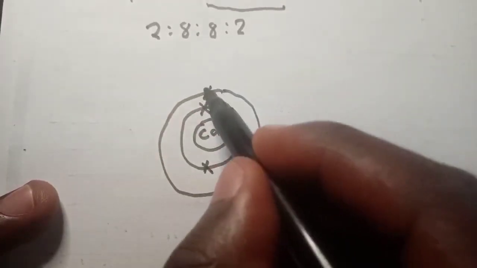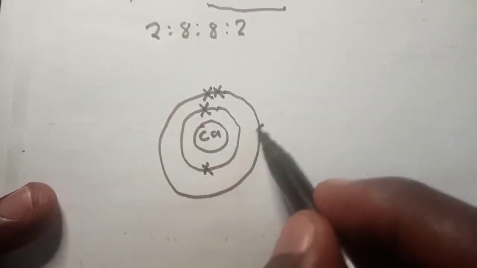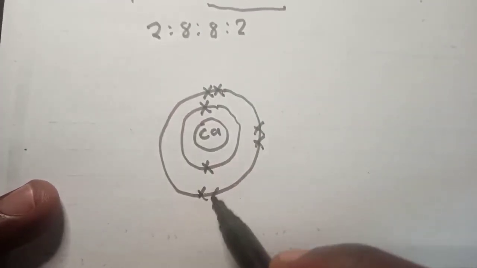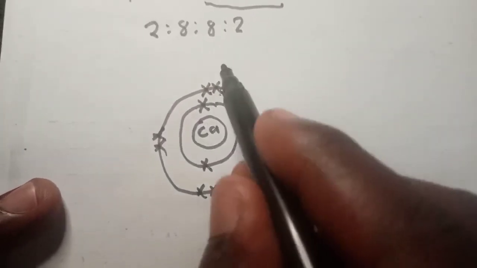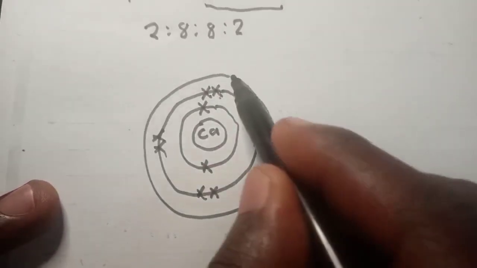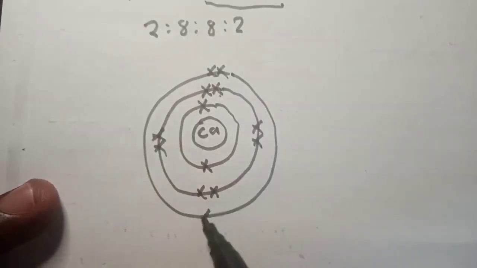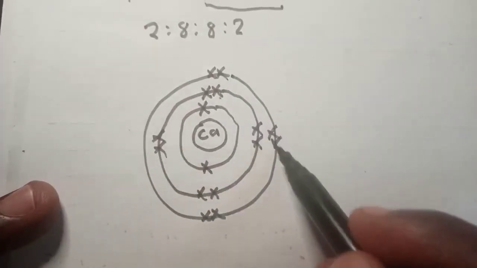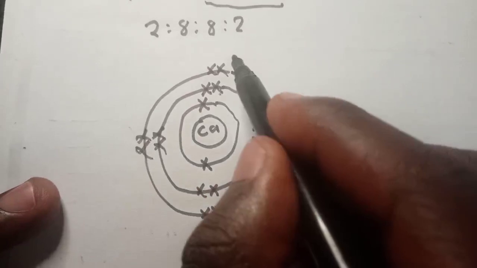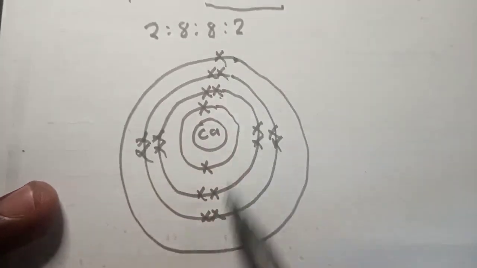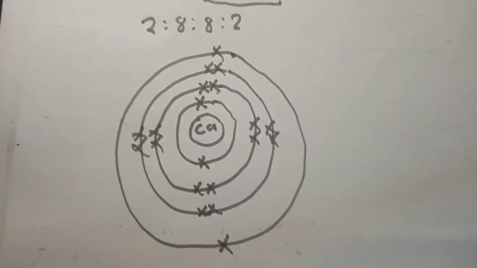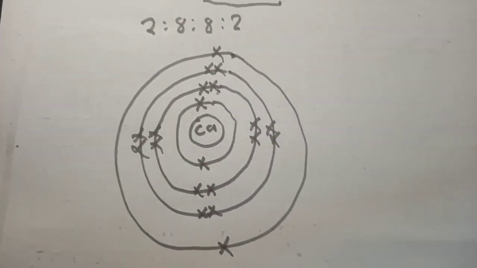Shell number 2, 8, so pair them: 2, 4, 6, 8. Shell number 3, you pair them again: 2, 4, 6, 8. Shell number 4, only 2 electrons, those that were remaining.